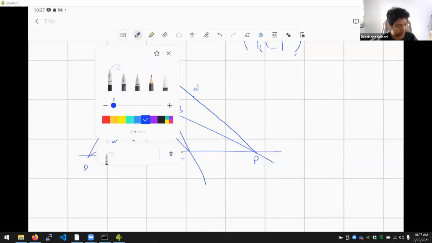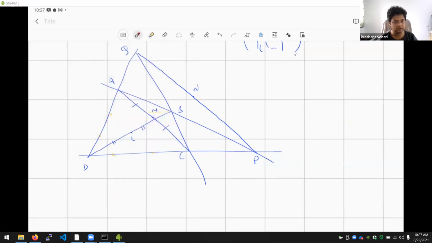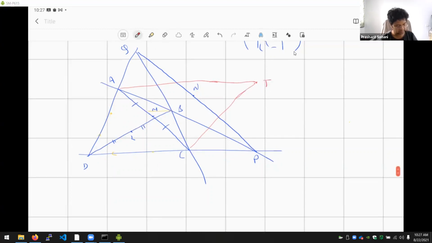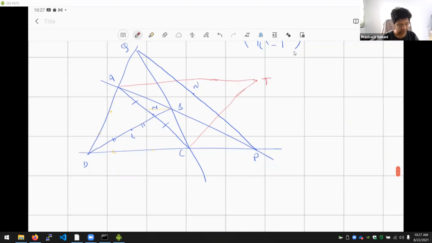So I complete the parallelogram CDA, so CDA and some other point will form a parallelogram. Let me call this point D dash, and just call it point T. I don't have a better name for it. And it will not be like this, somewhere over here.